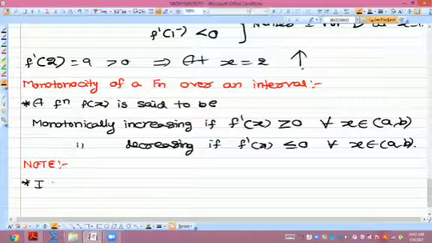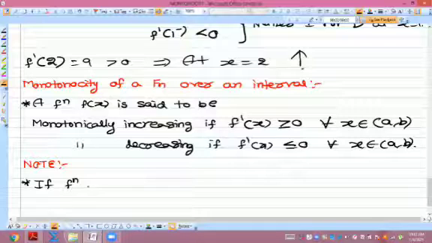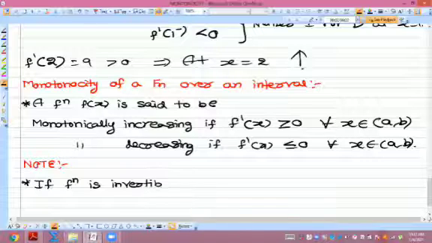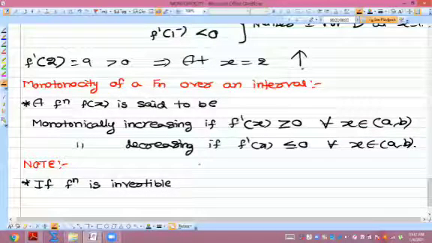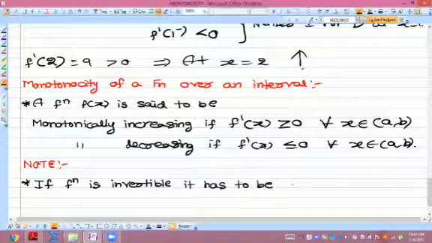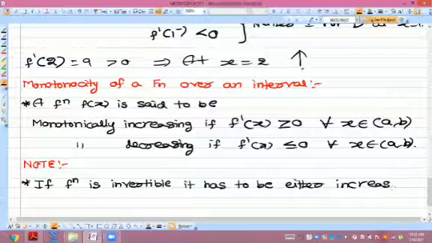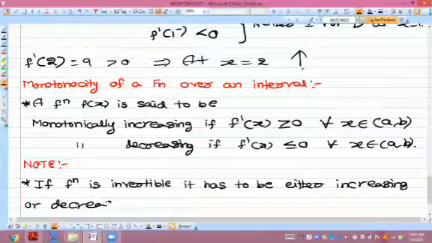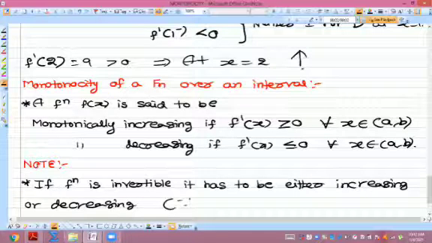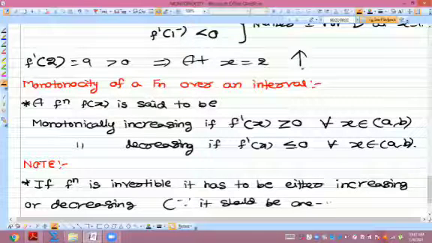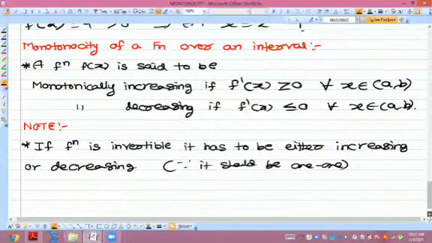If a function is invertible, invertible means the inverse exists, then it has to be either increasing or decreasing, compulsory, since it should be one-one.